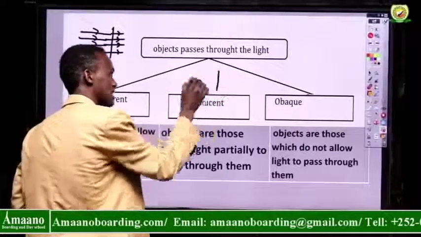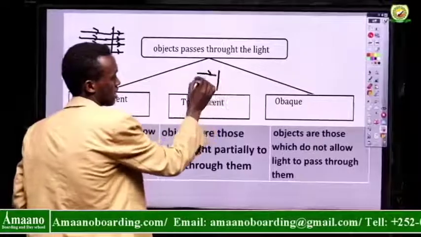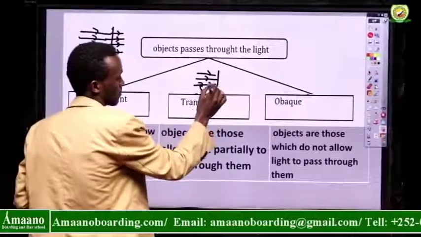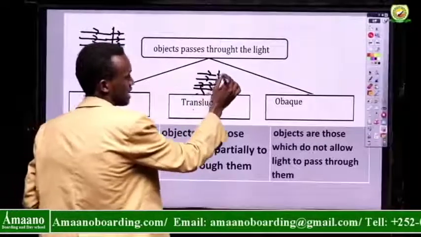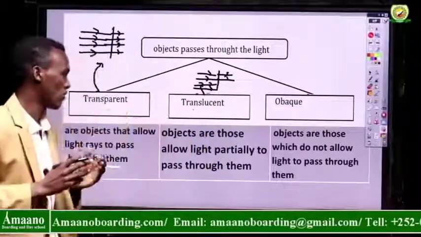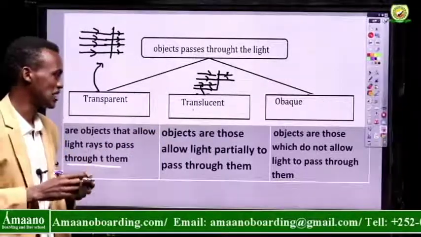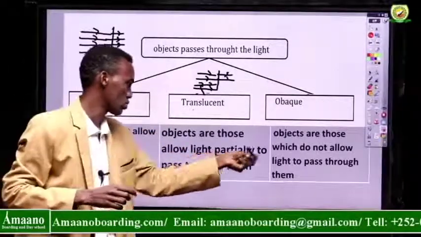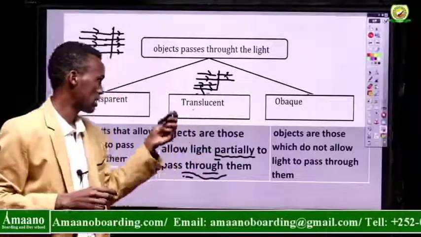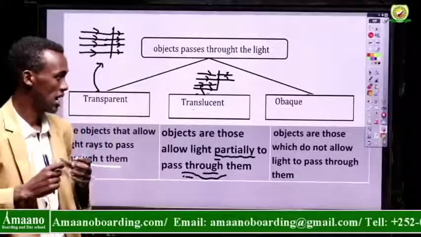For example, we have 4 rays of light and it lets part of the light through. So objects that allow light partially to pass through are called translucent objects.